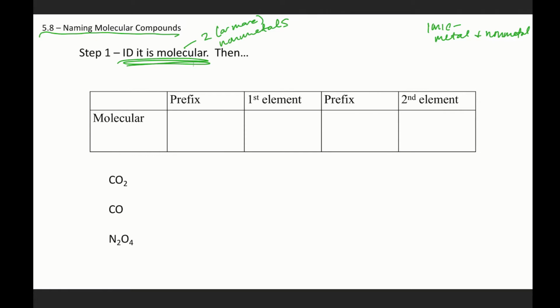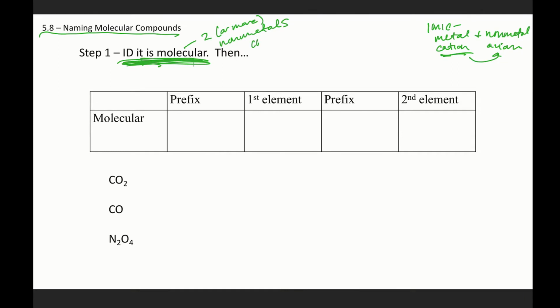And if we think about what the difference is, in an ionic compound, what we really have is a cation and an anion, which means that the cation loses electrons and gives them to what becomes the anion. So there's an exchange of electrons. We end up with something positively charged and something negatively charged, and those opposite charges hold networks of those ions together. For a molecular compound, the bonding is different.